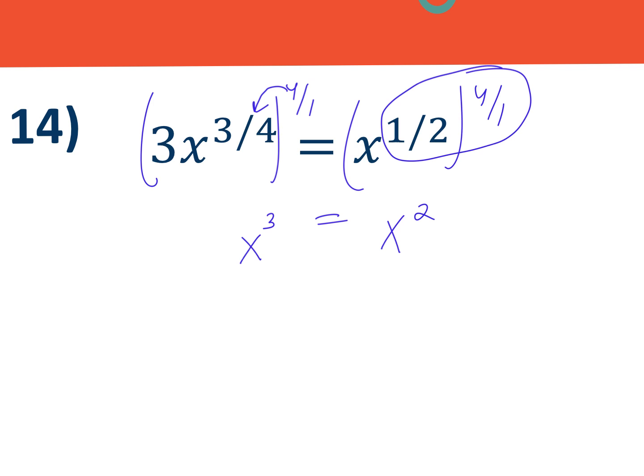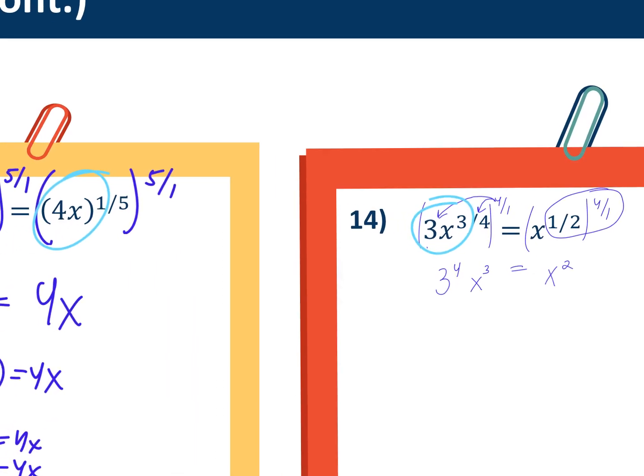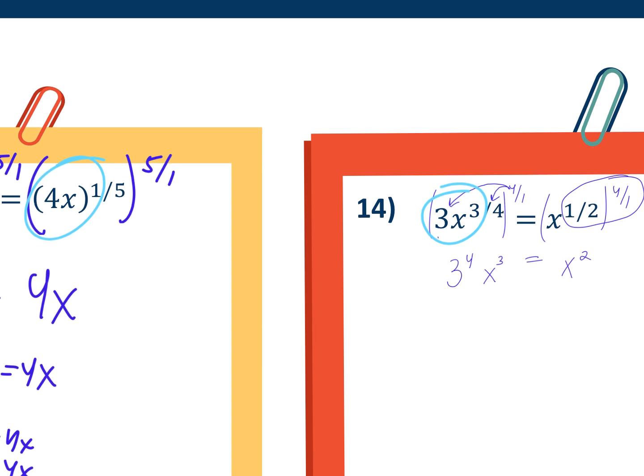If you multiply 3/4 times 4/1, you get 3. But guys, what happens here? No, 3 to the 4th power. What is the difference between this and this? One is in parentheses and one what? Is not.